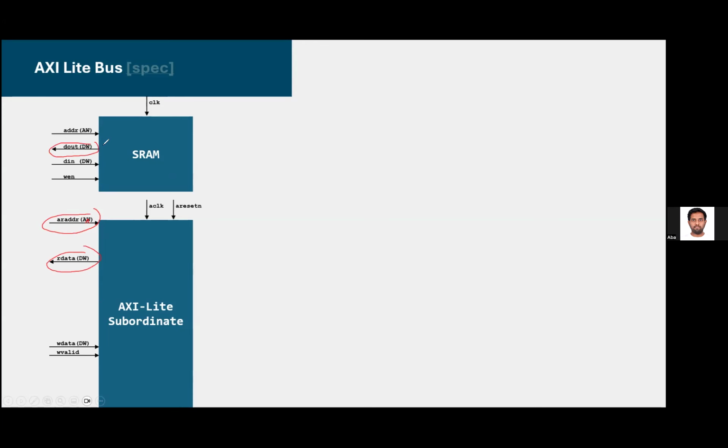Then you have the data that goes in, that is W data, which is D in. And similarly, for write enable you have W valid. So you have some corresponding signals. But then let's see the differences.